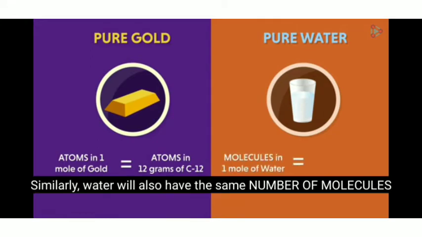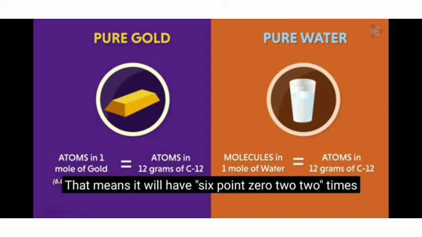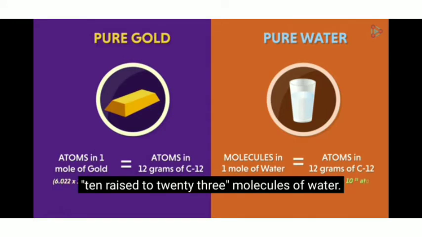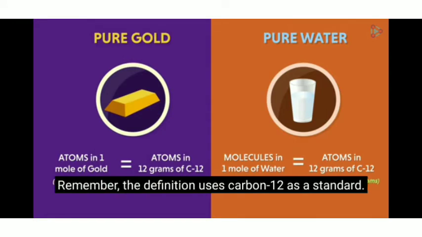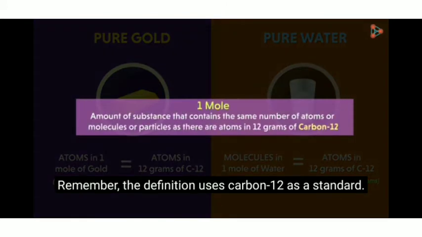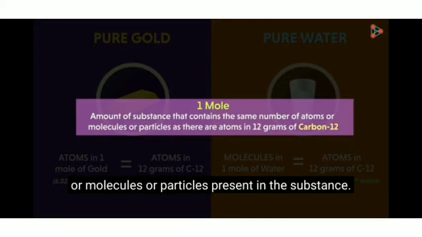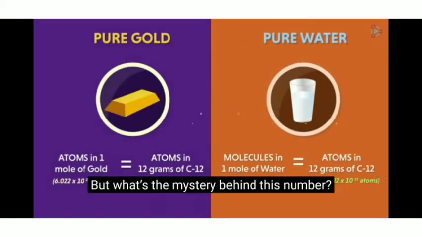Similarly, water will also have the same number as the number of atoms in 12 grams of carbon 12. That means 6.022 into 10 raised to power 23 molecules of water. Remember, the definition uses carbon 12 as the standard, and it is used for the molecule or particle present in the substance.